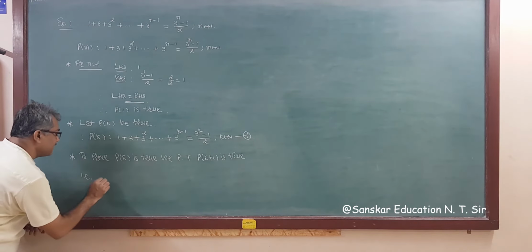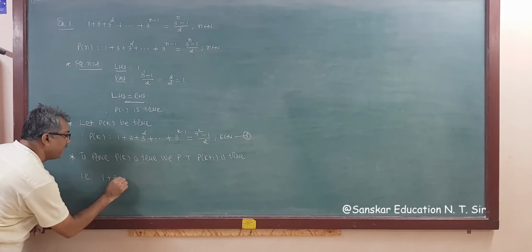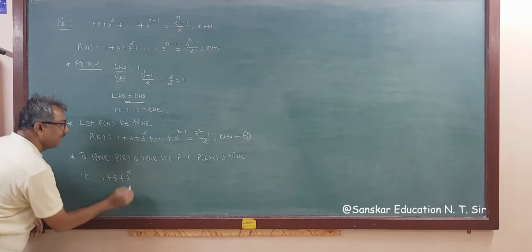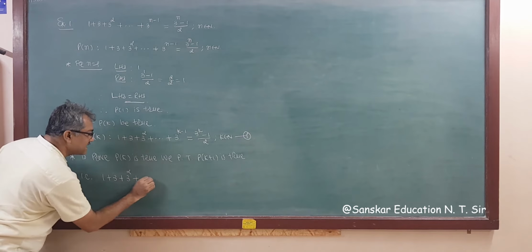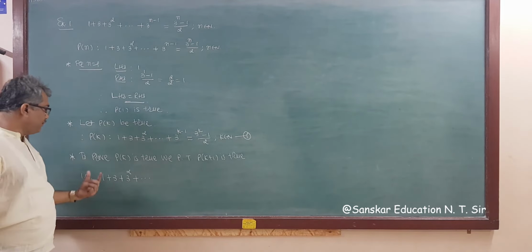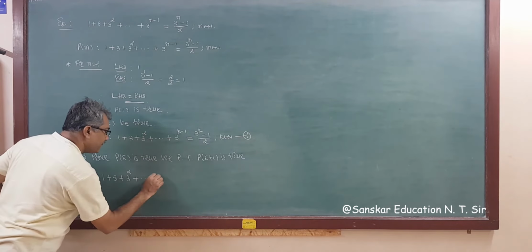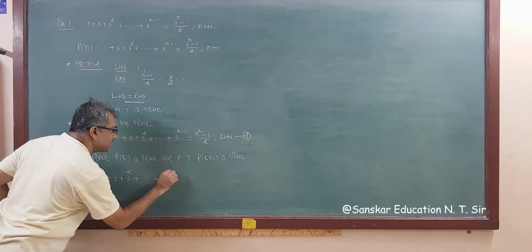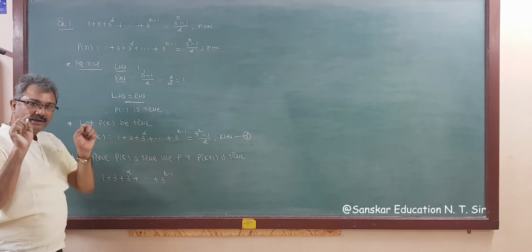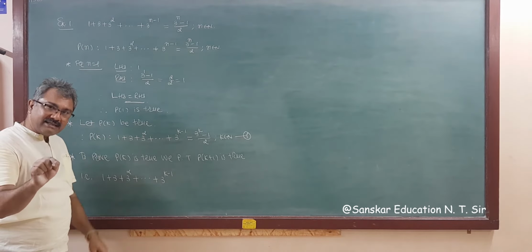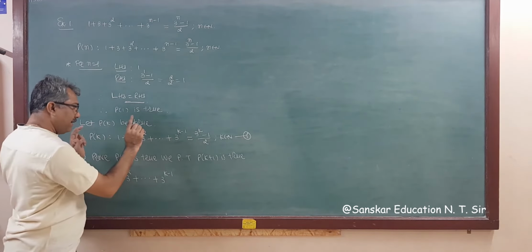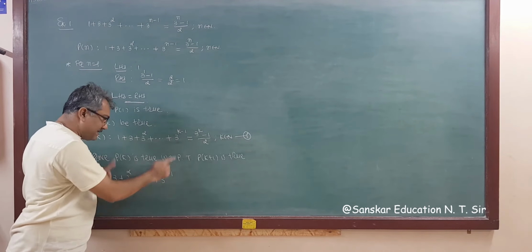This is an important step. So that is 1 plus 3 plus 3 square plus dash dash dash. That is, to prove that 1 plus 3 plus 3 square plus 3 raised to k minus 1. Write down left hand side of Pk as it is.